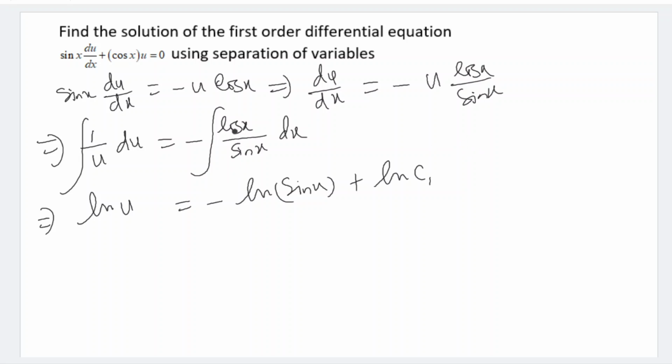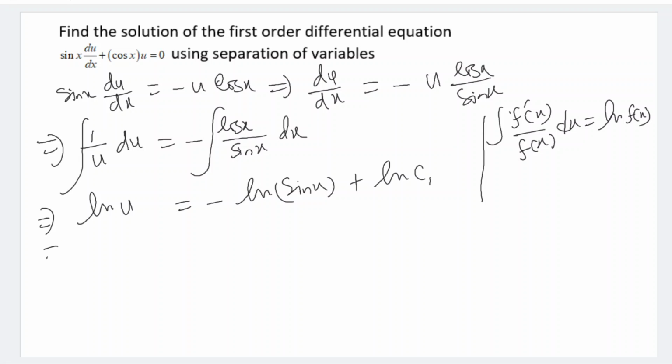So do you know how to get this integration? Because we know that the integration of f prime(x) by f(x) dx is equal to ln of f(x). That means if the numerator is the derivative of the denominator, then the integration of f prime(x) by f(x) dx is equal to ln of the denominator.